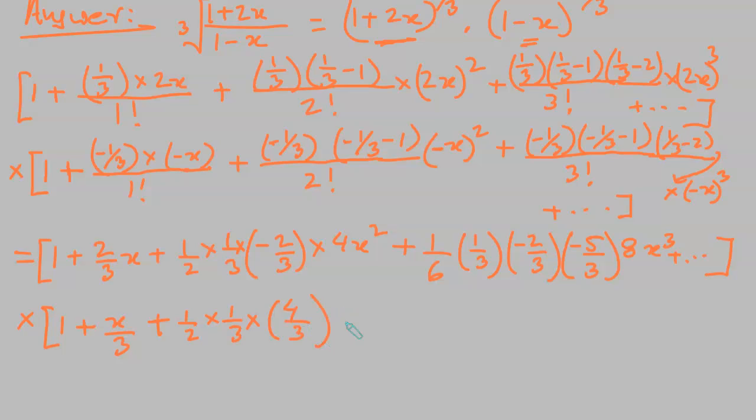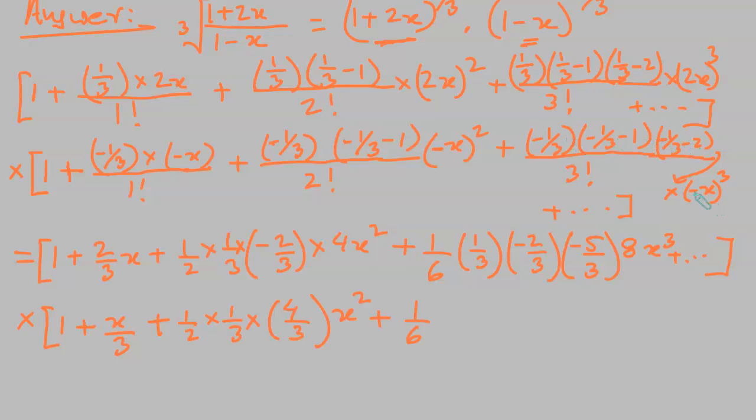Okay, and x square, plus 1 over 3 factorial is 1 over 6, and this one is negative 1 over 3, this one will be negative 4 over 3, this one will be negative 7 over 3.